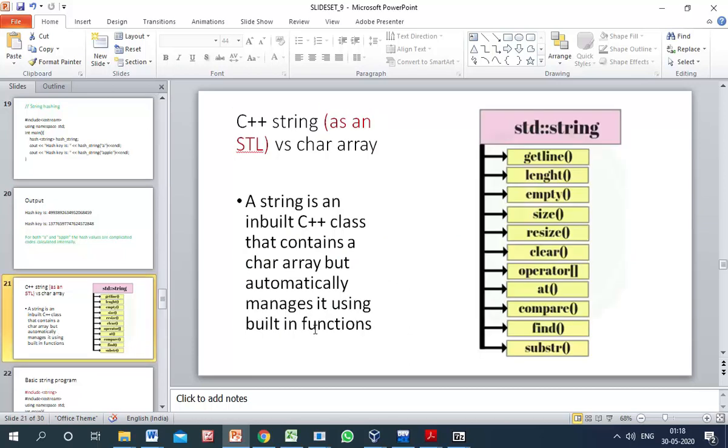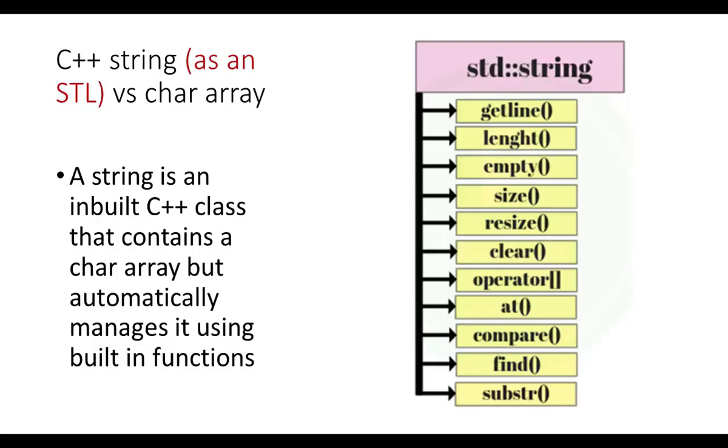So our next topic is C++ string. We have used this string multiple times. A string is an inbuilt C++ class that contains a character array but automatically manages it using built-in functions.